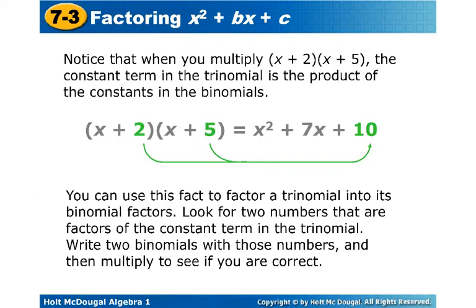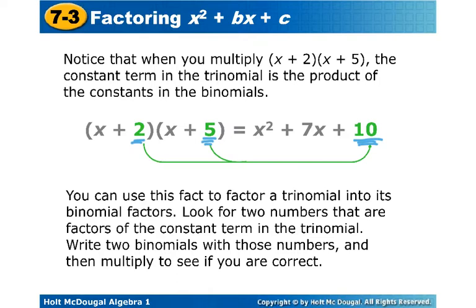So notice that when you multiply x plus 2 and x plus 5, the constant term in the trinomial is the product of the constants in the binomial. So what they're talking about are these last terms here. You can use this fact to factor a trinomial into its binomial factors by looking for two numbers that are factors of it, okay?